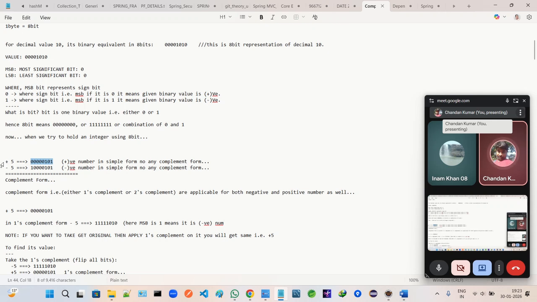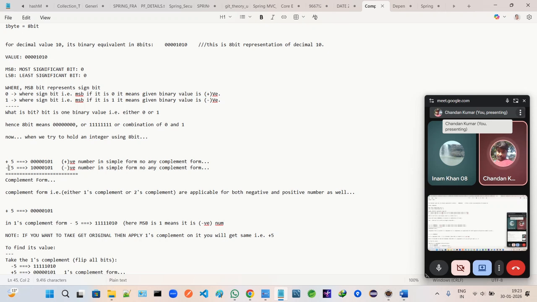Now the same value, just change this bit value. Now instead of 0 it is 1. Now this is representing minus 5. That's it. So if you are given 10, can you represent its negative value in binary?